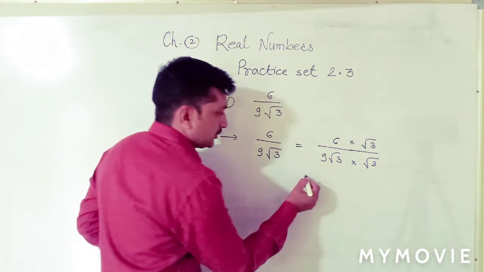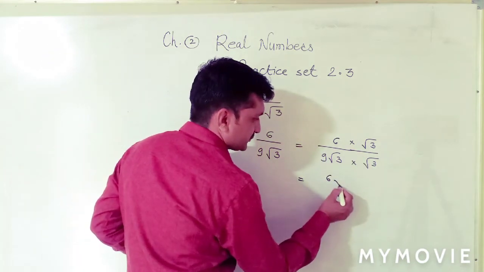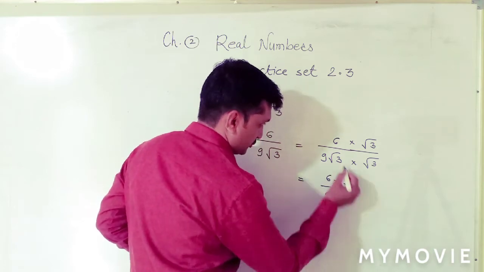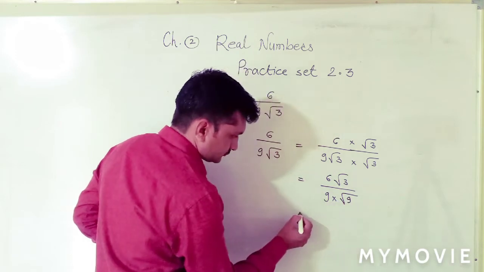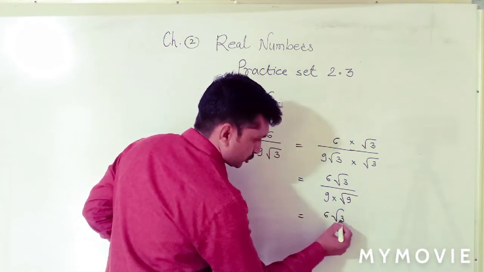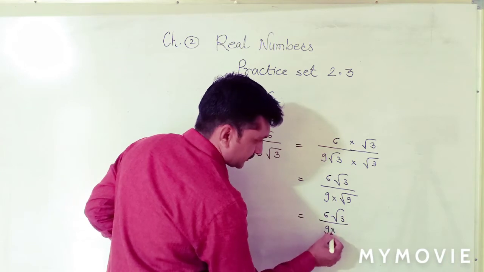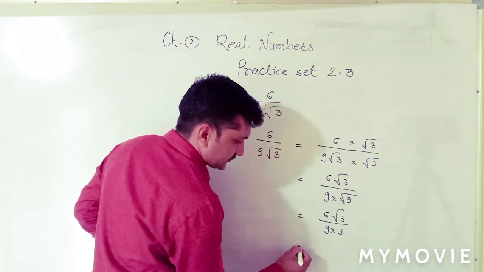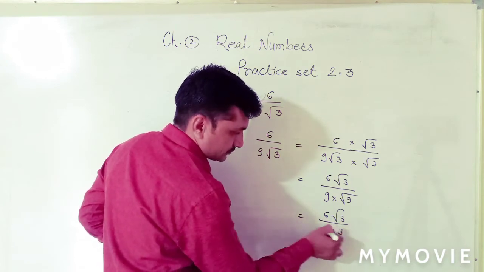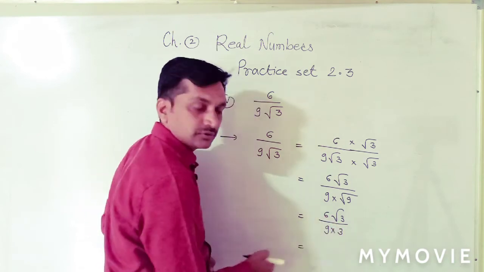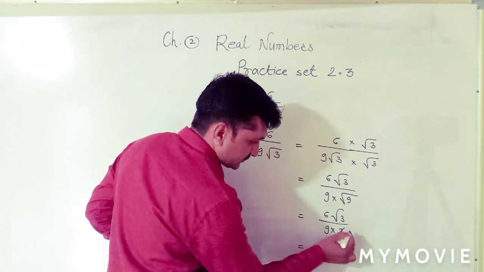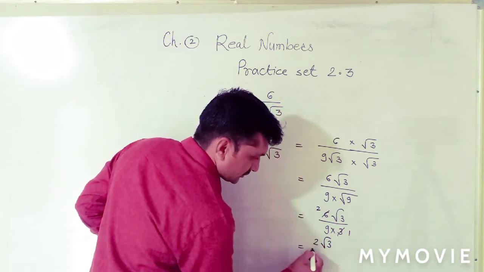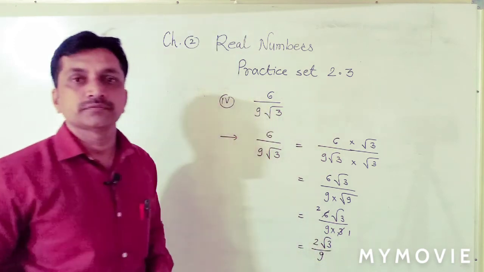The product is 6 square root of 3 upon 9 multiplied by square root of 3 3s are 9, equal to 6 square root of 3 upon 9 multiplied by square root of 9 which is 3. Now we can reduce here. 3 1s are 3, 3 2s are 6, therefore the answer is 2 square root of 3 upon 9.